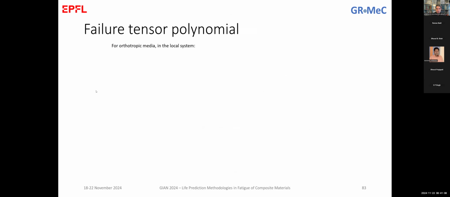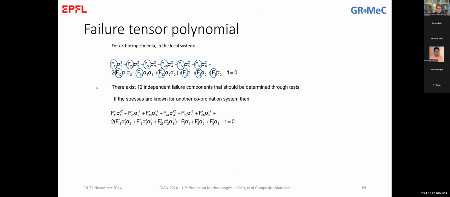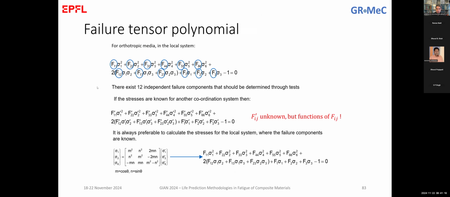So after this Tsai-Hill criterion, more sophisticated criteria have been introduced, and the idea was to consider also in the calculations the interaction of tension and compression.